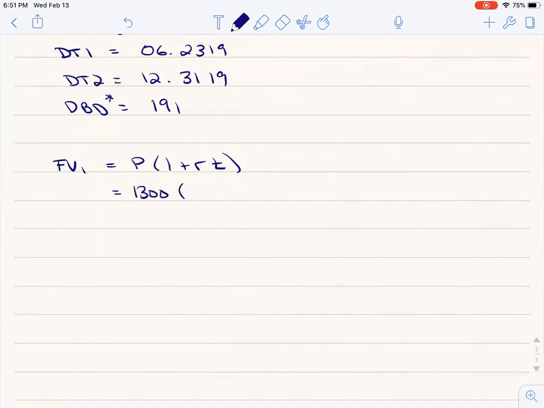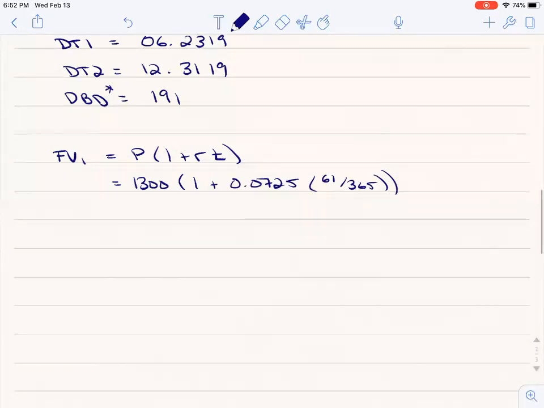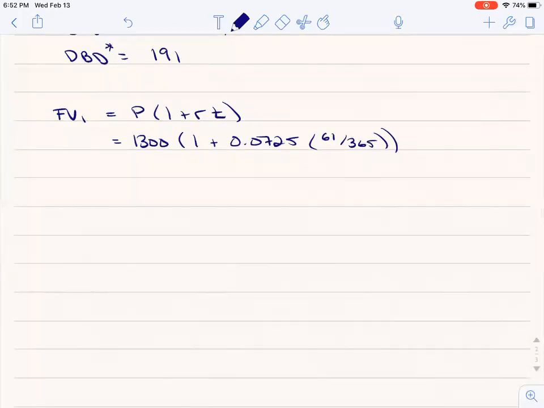So P is 1300 times 1 plus 0.0725. And then T was 61 over 365. So now I'll just go ahead and compute it, get to the last answer. You don't have to show your middle steps here. So 61 divided by 365, but you'll want to make sure you get the same answer, right?